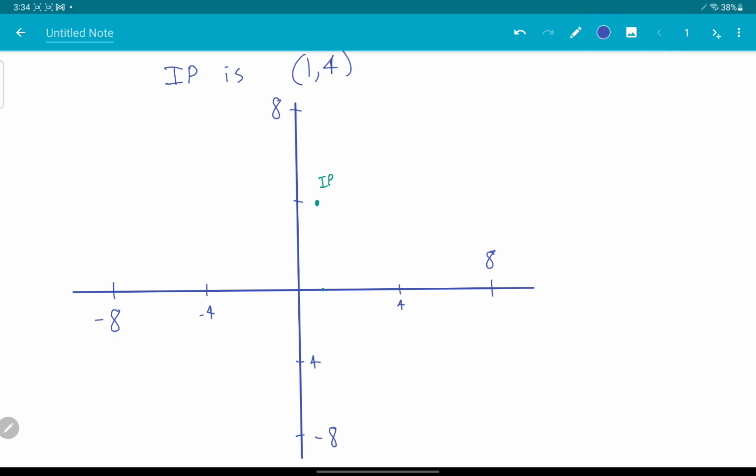And then I had a min at, what, (0, 2)? Mm, (0, 2), which would be about here.